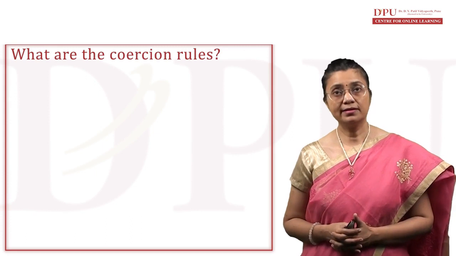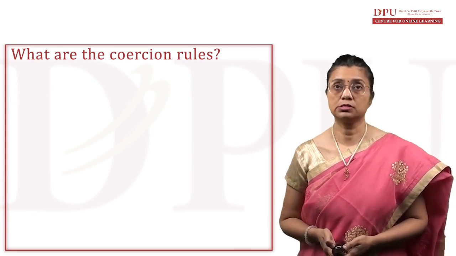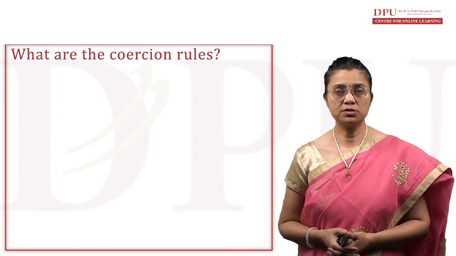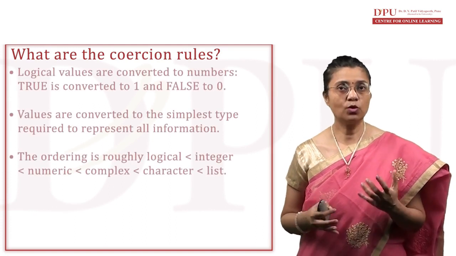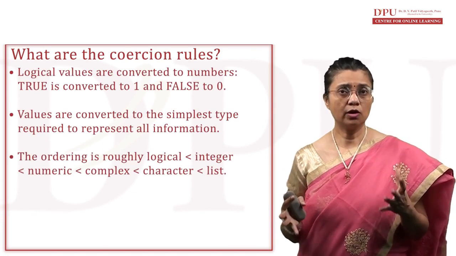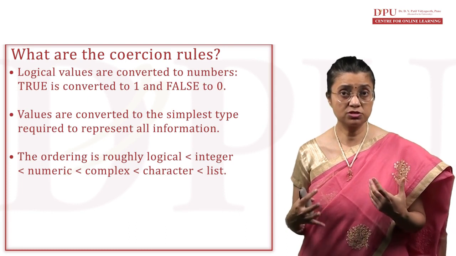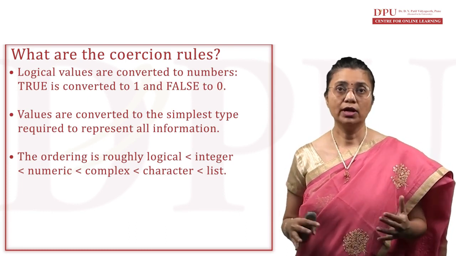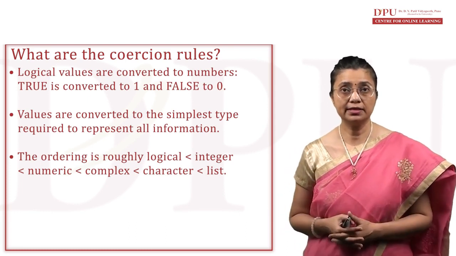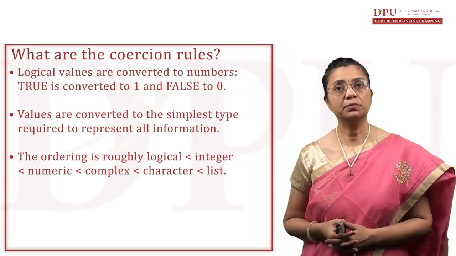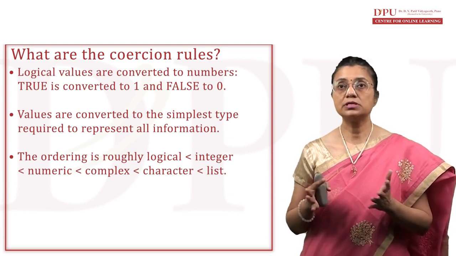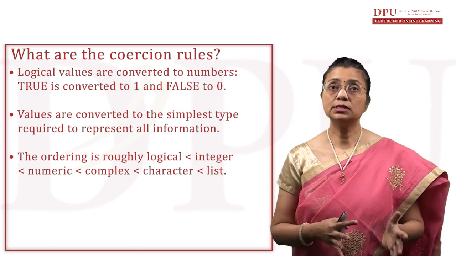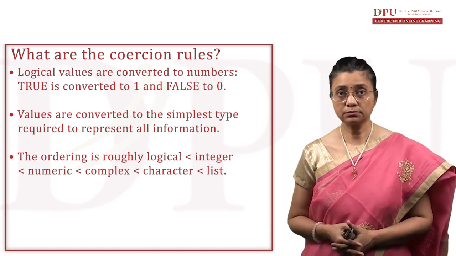Now next we will understand what the coercion rules are. What is this concept of coercion rule? So basically coercion rule is a concept where we are trying to save the data. So if logical values are there, they are converted into numbers. For example, true is converted to 1 and false is converted to 0.